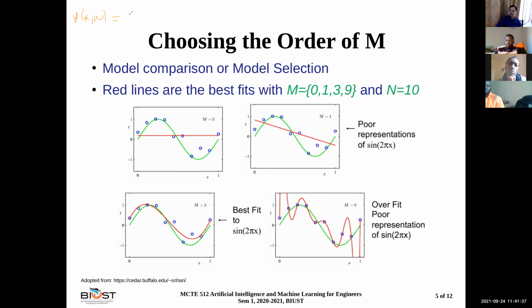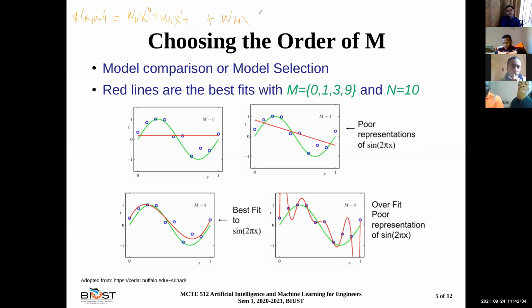In terms of w0 x to the 0, plus w1 x to the 1, and so on, plus wm x to the m.